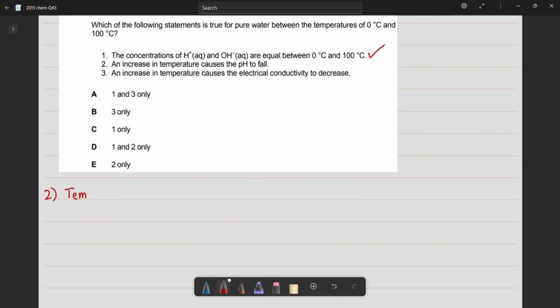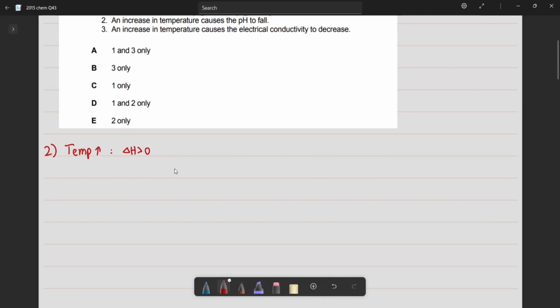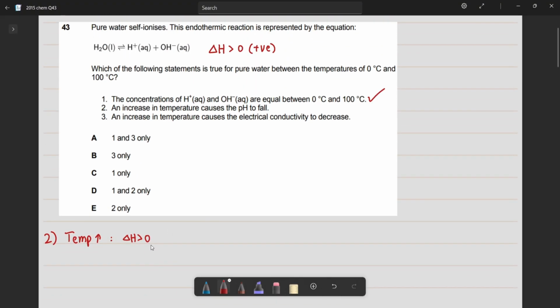The most important thing is that as the endothermic reaction is being favored with an increase in temperature, this will force the equilibrium to shift towards the right-hand side, towards the products H plus and OH minus.